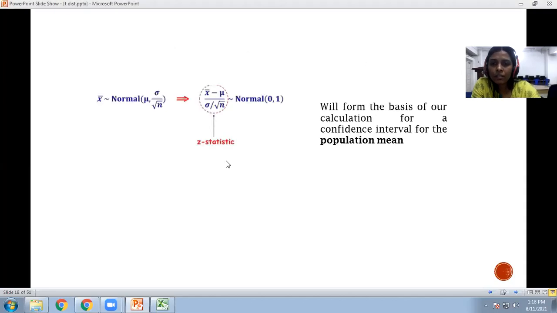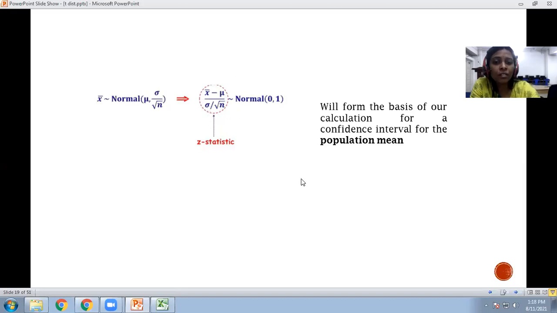So now for this, if you remember, the formula for Z statistics will be x bar minus mu by sigma by square root n. So your x bar is your sample mean, your mu is your population mean, your sigma is your population standard deviation, and n is nothing but the sample size.